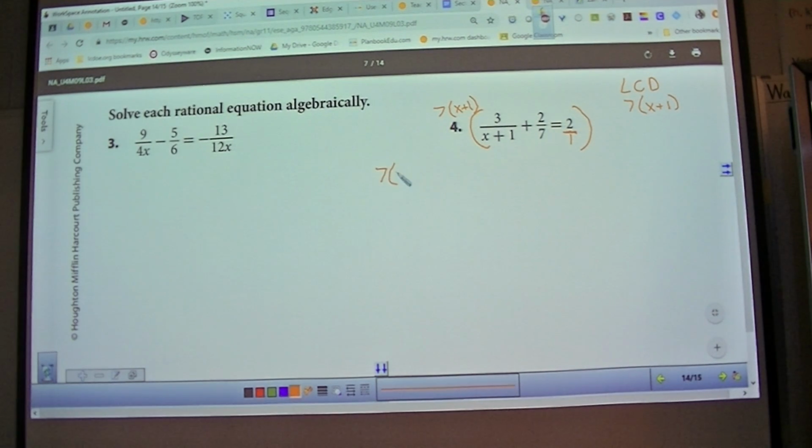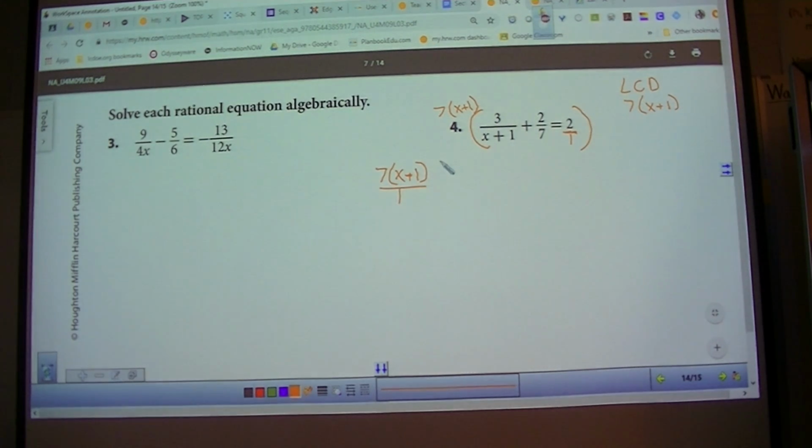exactly what's happening. And I'm going to go ahead and leave it in the factored form because it makes it easier to reduce. I'll put that over 1 just to emphasize that.